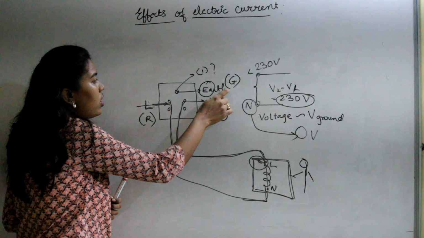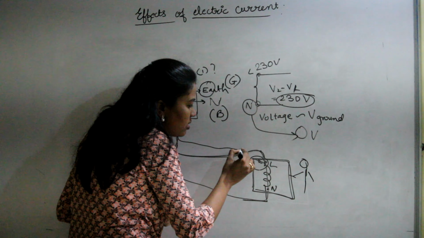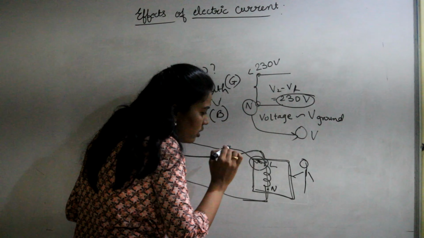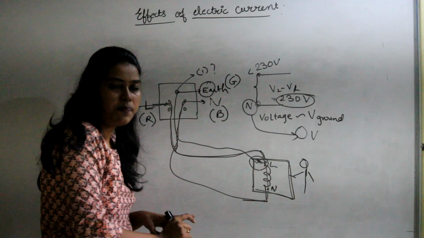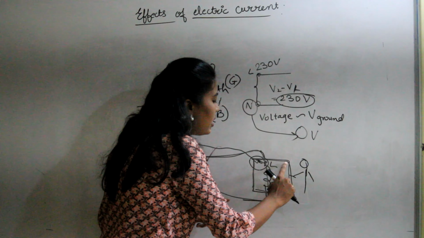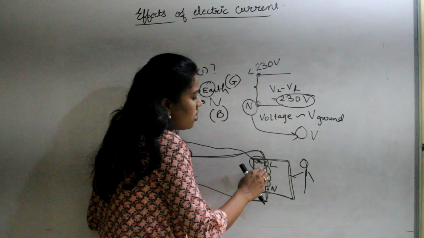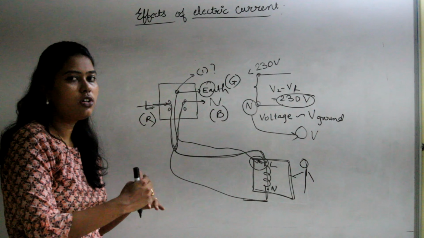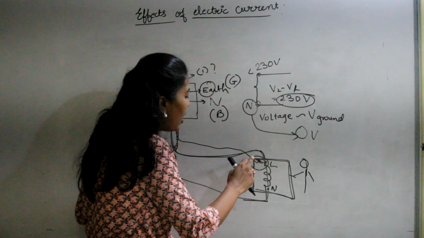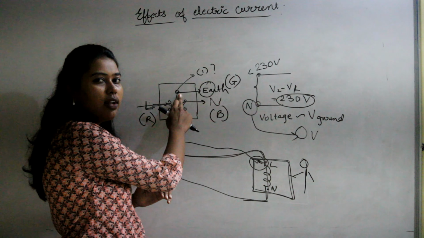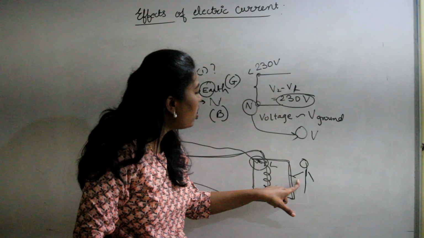This earth wire is the third connection, which is directly connected to the casing of the equipment, so that if there is an insulation damage and current flows through the casing of the equipment, it will directly get connected to the earth terminal, and he or she will not get shocked.